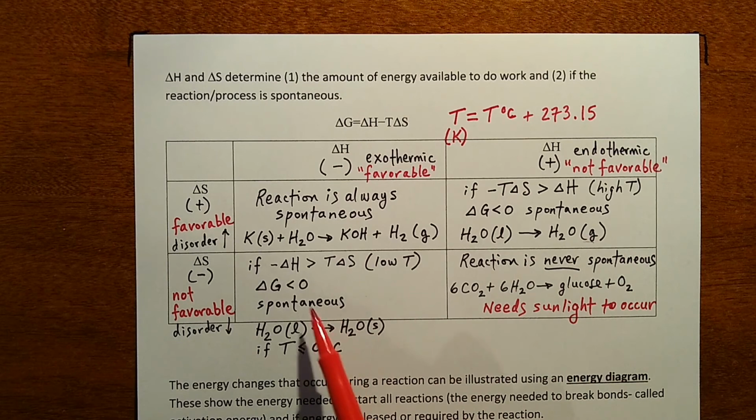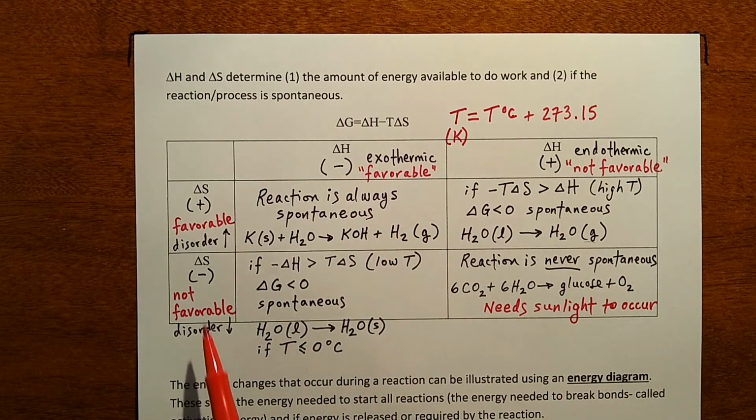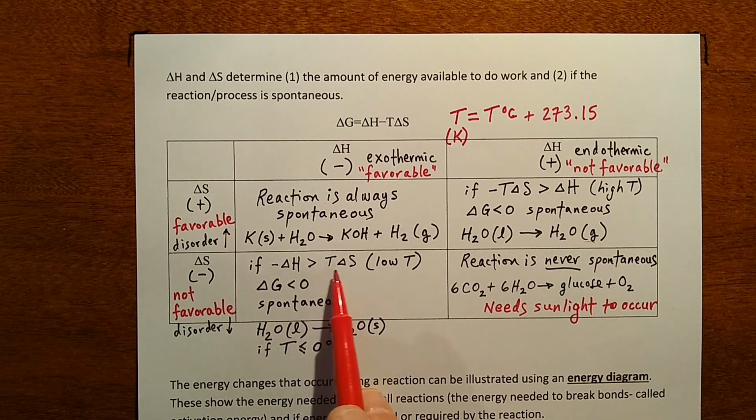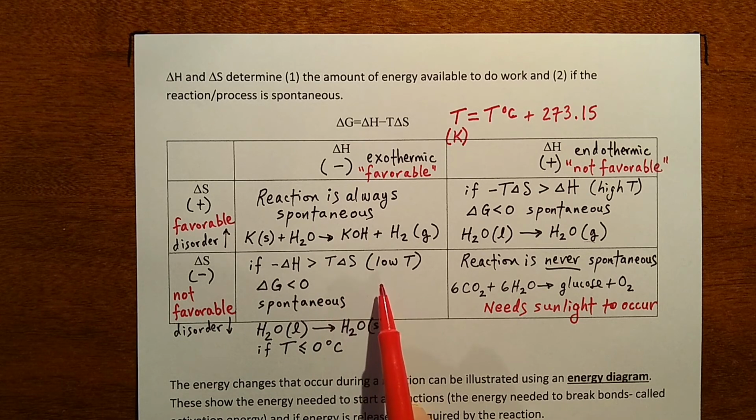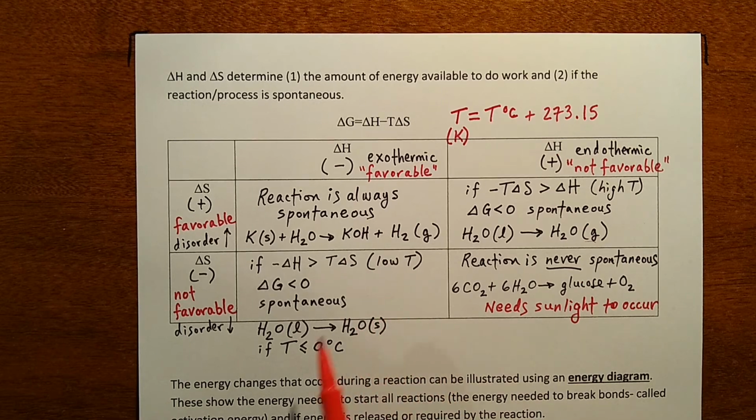The third case is when you have an exothermic reaction, but you have an unfavorable change in entropy. Delta S is negative. So that means that it would be spontaneous, delta G would be negative, at low temperature. What sort of process would be an example of that? Well, that would be the opposite of this, essentially, where liquid water would freeze.